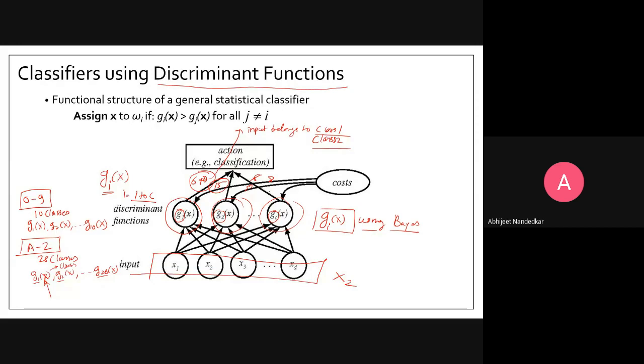So we will see in neural networks, when you will learn artificial neural networks, same thing, same functions, we will come out or design using ANN algorithms. Right now we are studying the classical way of doing this. So we are using Bayes method to find out g1(x) or gi(x).